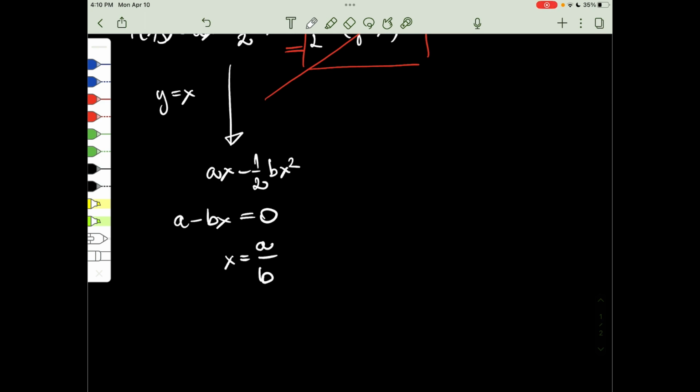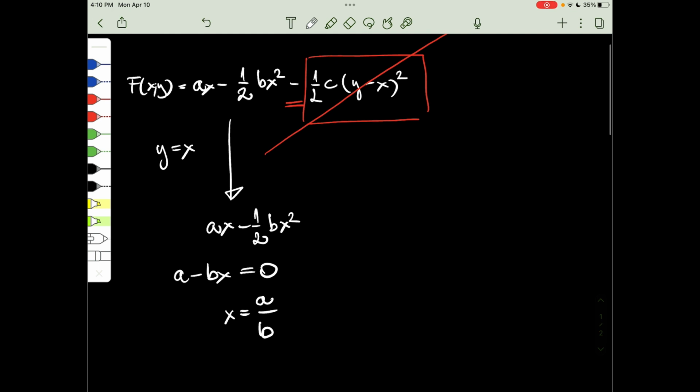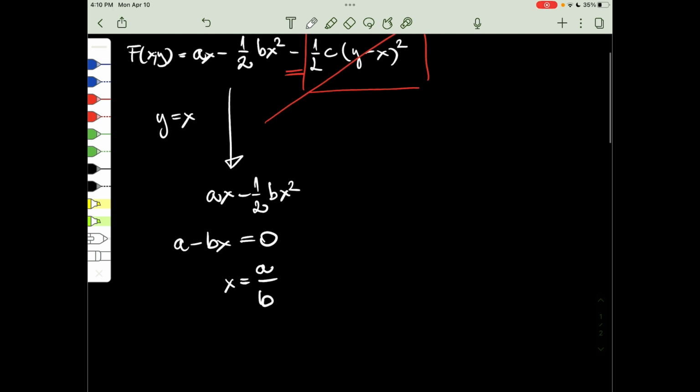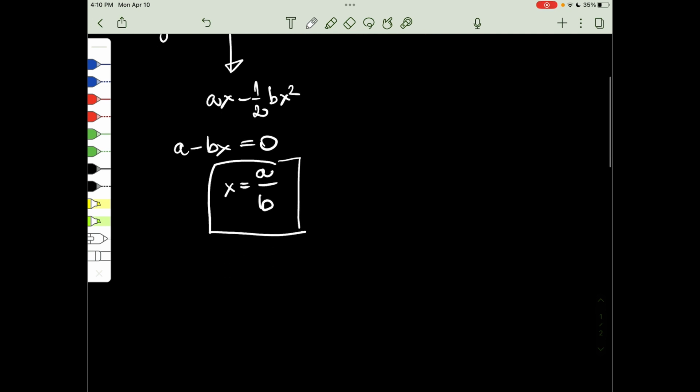So when x is a over b, and given the fact that the second derivative is negative, the one period return function has a maximum at a over b. But we need the maximum value of this function at x equals a over b.